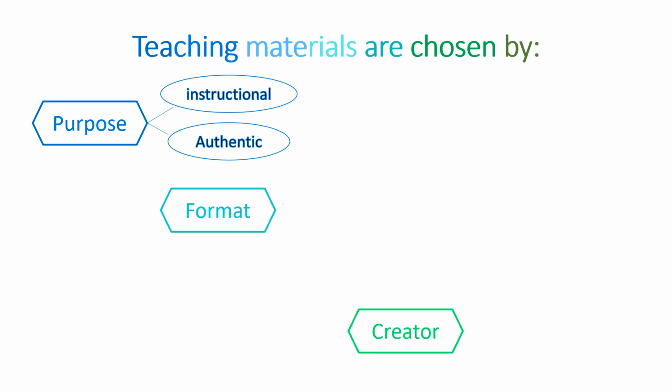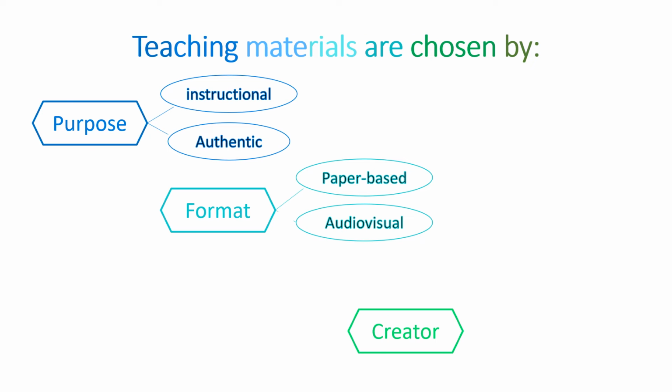So it could be for either one of these purposes. Next is the format, first being the paper based. So do you want a paper based type of material, or an audio-visual type of material, or an electronic type of material? So the internet materials would come under electronic as well as audio-visual.